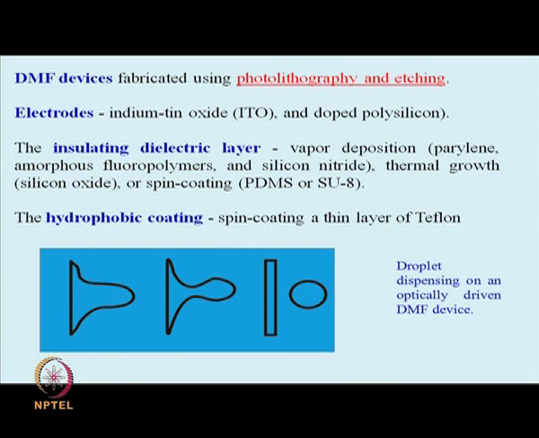So, now the droplet is free to slide over the surface, and this provides enhanced mobility on such surfaces. So, the coating of Teflon is extremely important. And the next figure which is shown here is very interesting.